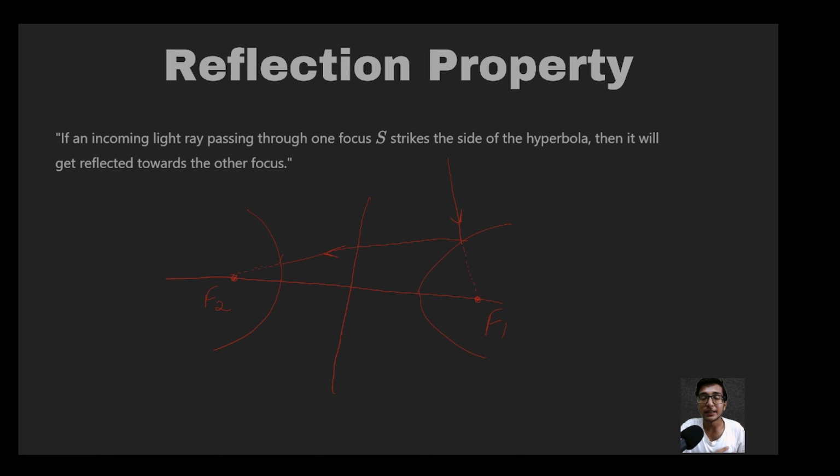So now how can the question be asked for this type of concept? They can give you the equation of this line. First of all, this point, the focus, is known to you. So with these 2 points, you can find the equation of this line. And once they say that the line going towards the hyperbola has been reflected, that means it will appear to pass through the other focus.